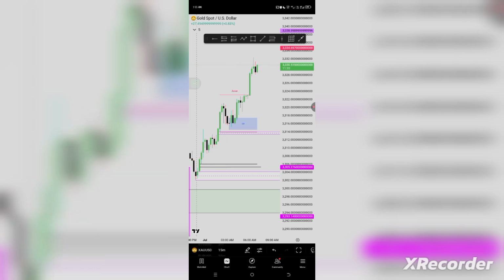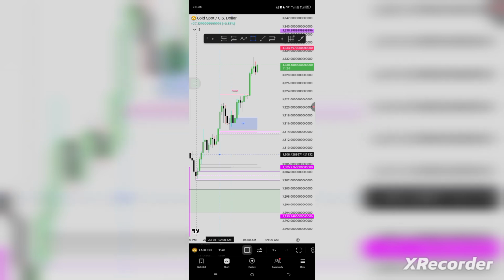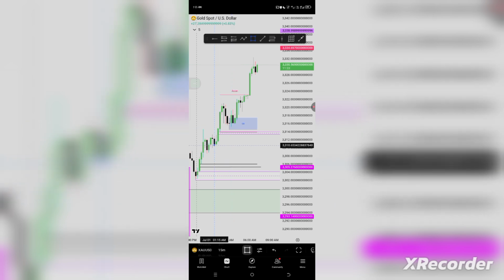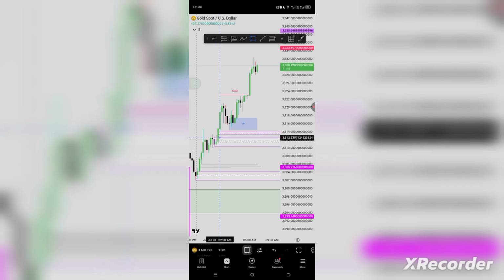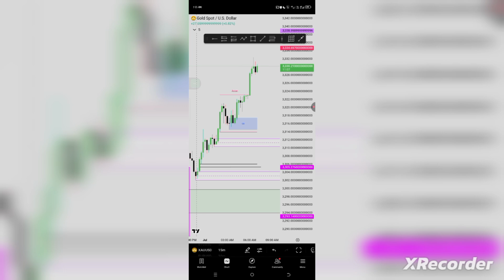I'm still going to go to the lower time frame to refine. I don't know, that sentence skipped my mind. So yeah, I'm still going to go and refine my zone.